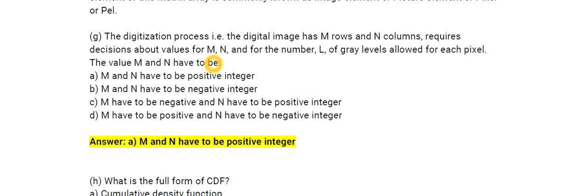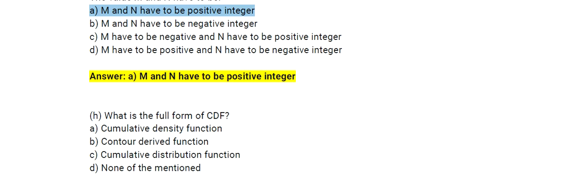There is no other restriction except that these m and n values should be positive. So option A is the correct answer. You can take m and n values as large as possible under that intensity level. Clear?